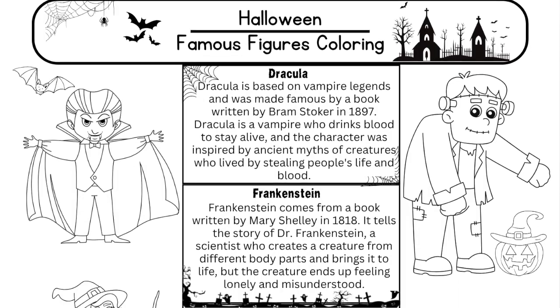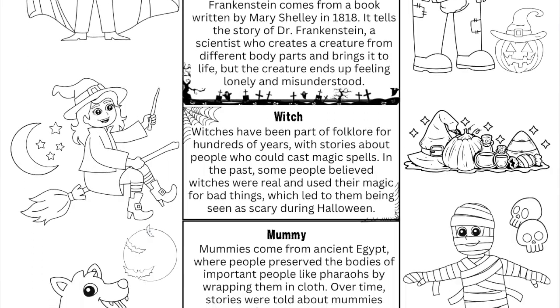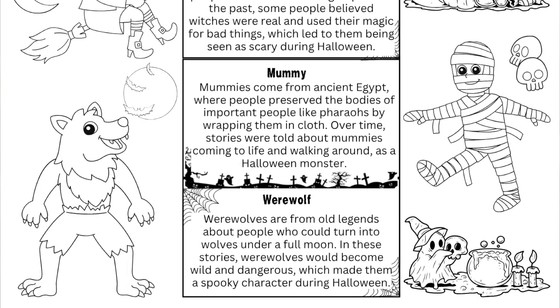And even learning more about the famous monsters that we associate with Halloween, like Dracula and Frankenstein and ghosts, and where those come from, which I thought was an interesting take on your traditional Halloween sheets that are available out there.